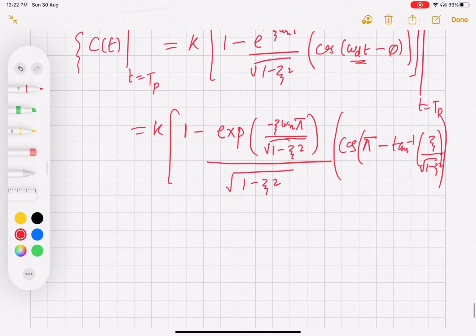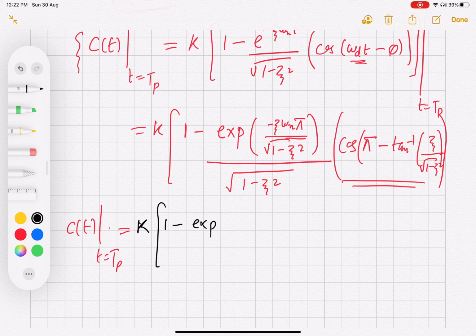So now I'll simplify this. I get c(t) at t equal to TP equal to k times 1 minus exponential minus zeta omega n pi divided by under root of 1 minus zeta square, this whole divided by under root of 1 minus zeta square, and cos(pi minus phi) I will write as minus cos phi.